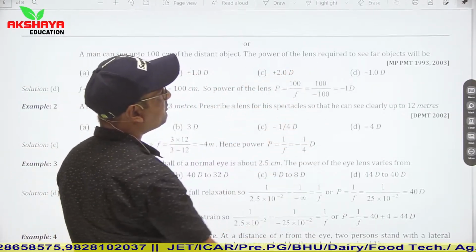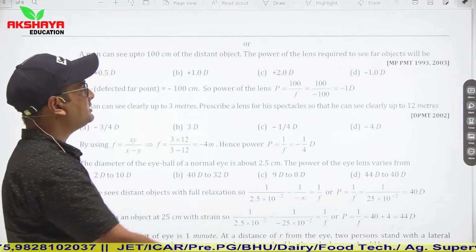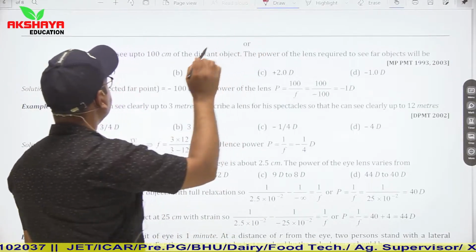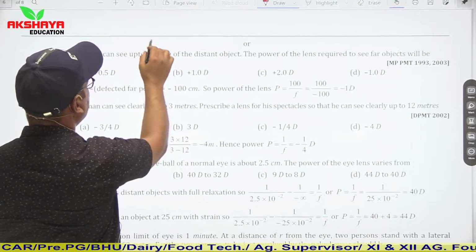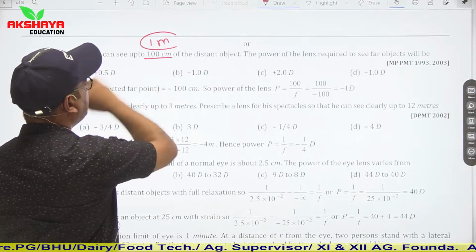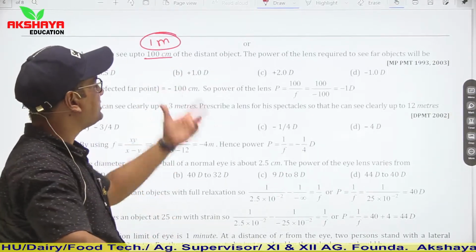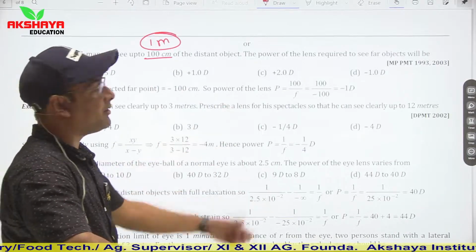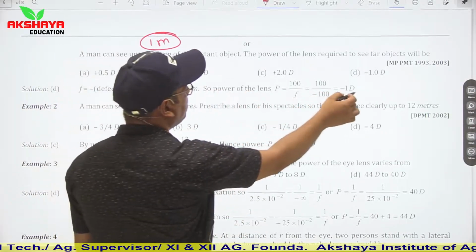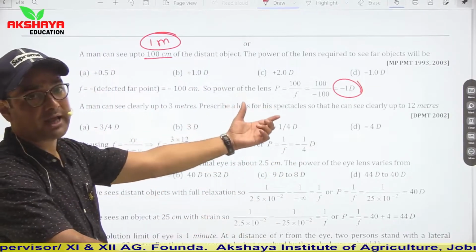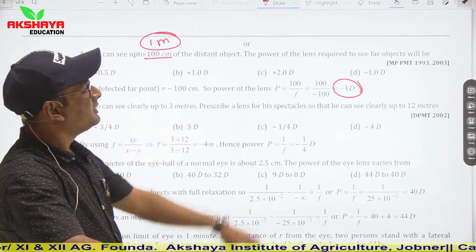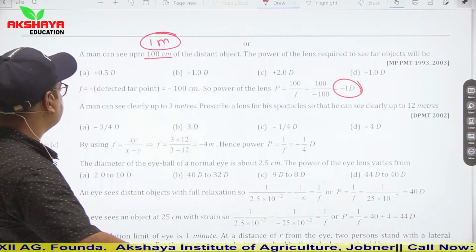The power of lens required to see far objects: here the defected far point is 100 centimeter or 1 meter, so the required power is 100 upon f, meaning -1 diopter. So we will use a lens of -1 diopter to see farther objects clearly.